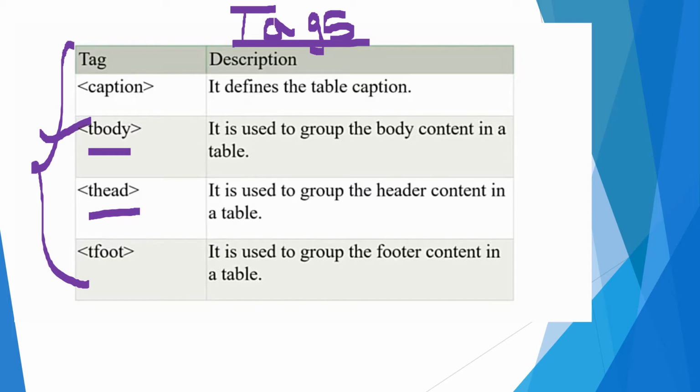We will write the total at the end. Those are examples of a footer. If we want to group the footer contents in a table, then the tfoot tag is used. We will learn these tags clearly in the next slides.